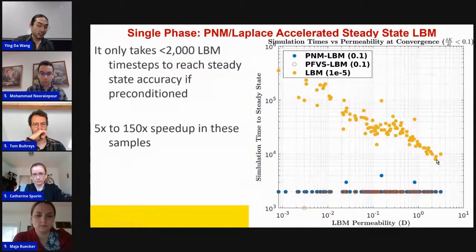The effect that I mentioned at the start of my presentation, where the simulation time to steady state depends on how tight your sample is, is quite visually apparent here. Your high permeability samples don't take too long, only 10,000 time steps. But your low permeability samples, as you can see here, take 200,000 or more. So you can get a 5 to 150 times speed up.